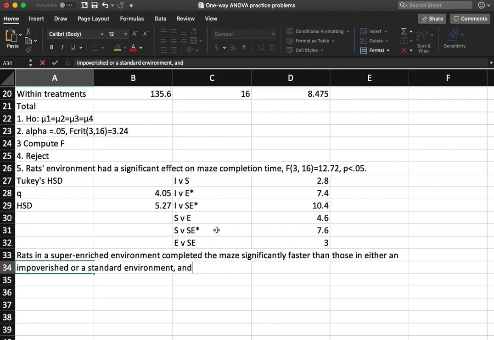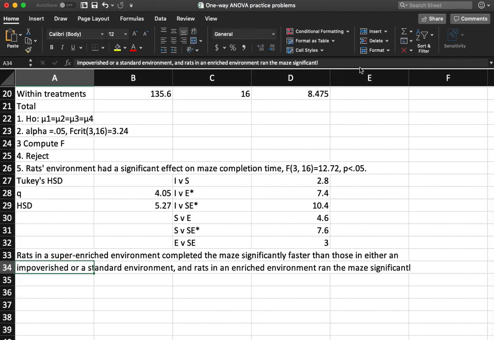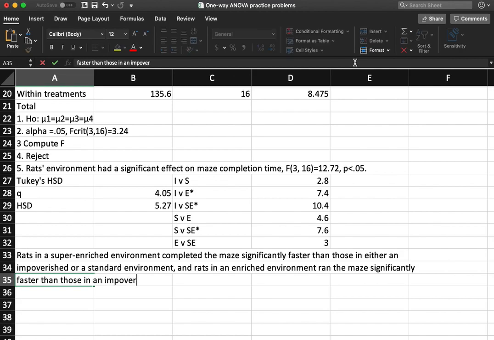But I need to add this one in here. So I'm going to say, and rats in an enriched environment ran the maze faster, significantly faster than those in an impoverished environment.